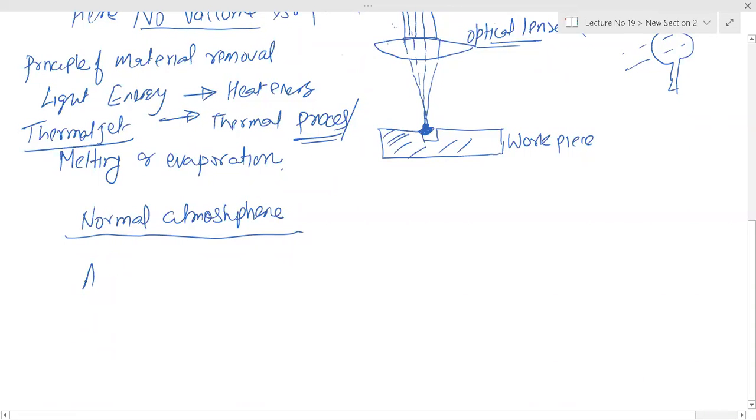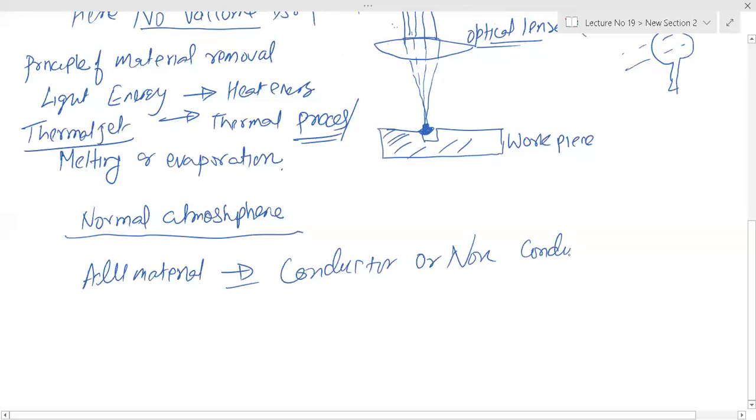As I said, the nature of the process is the same as electron beam machining. So all types of material, whether conductor or non-conductor, will be machined, like EBM.